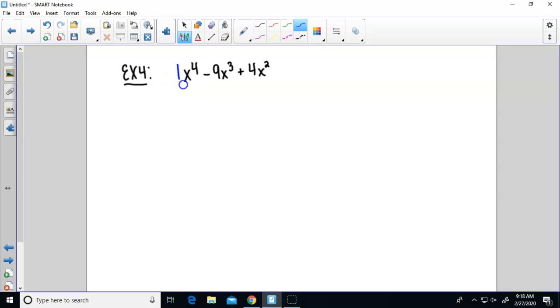Yes. So on one like this, where you don't have a greatest common factor for the numbers, you could still divide everything by x squared. So this is part of the answer to your question, Julie. So you would divide everything by x squared. That x squared would be out front. So you would be left with x squared minus 9x plus 4. Like this.